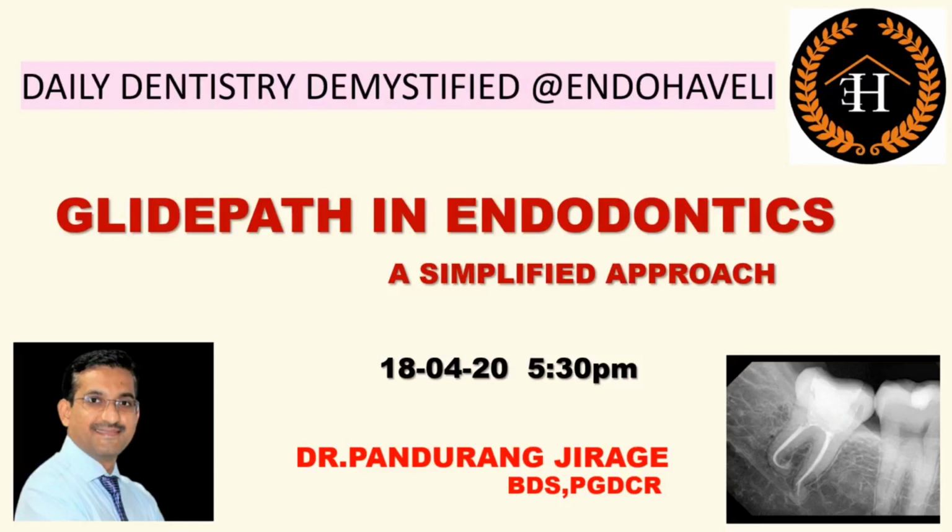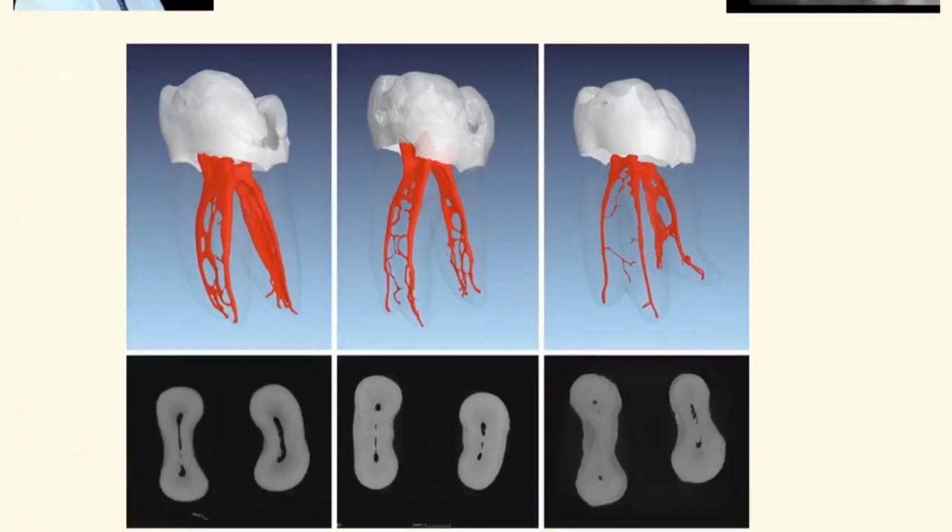The preparation of root canal system remains one of the most difficult tasks in endodontic treatment due to the complex anatomy of the root canal system with their irregular, non-circular cross sections.